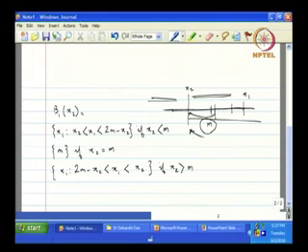So, for player 1 to win, player 1 should ensure that (x1 + x2)/2 is less than M, and from that we get the condition that x1 should be less than 2M minus x2. So, if this is M, this is 2M minus x2, x1 should be less than that and greater than x2. So, x1 should be in this range, and only in that case player 1 will win.